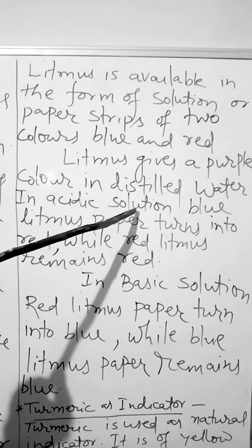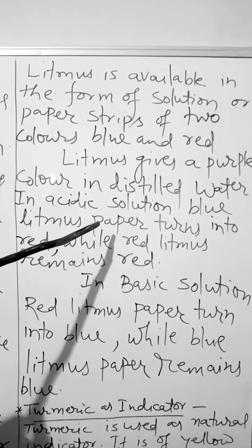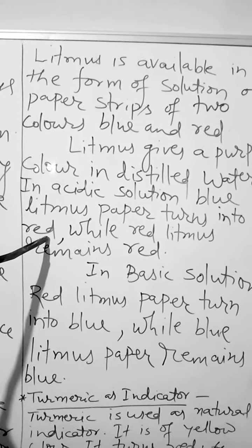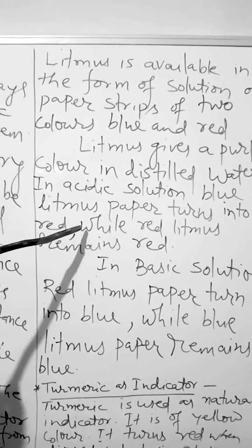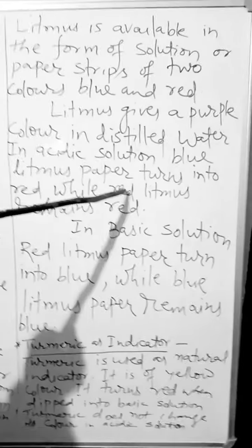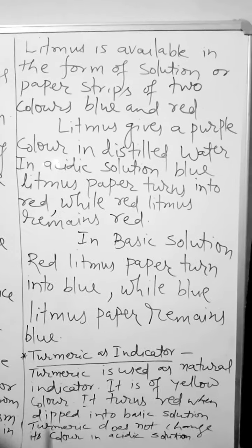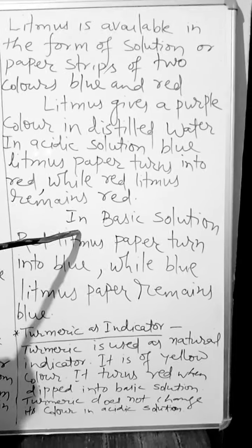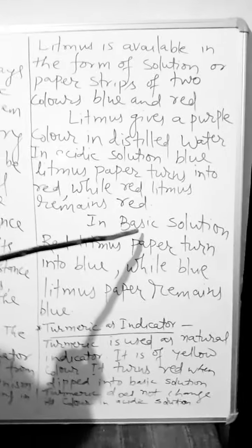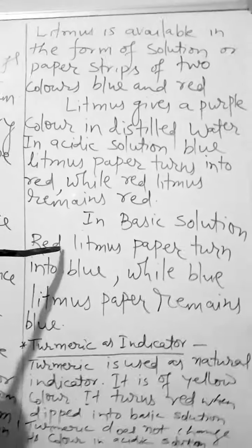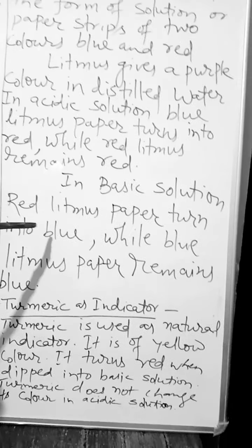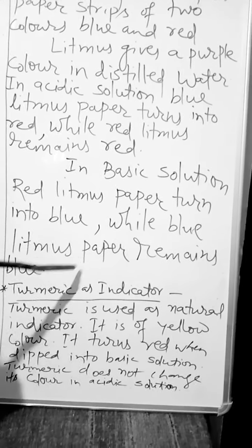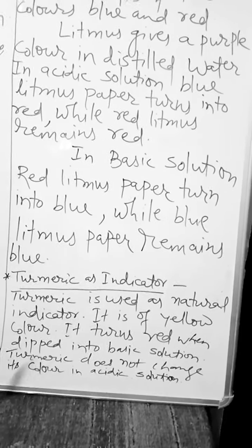In acidic solution, blue litmus paper turns red, while red litmus paper remains red. In basic solution, red litmus paper turns blue, while blue litmus paper remains blue.